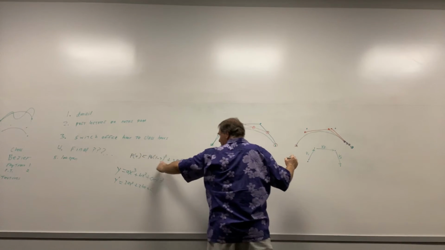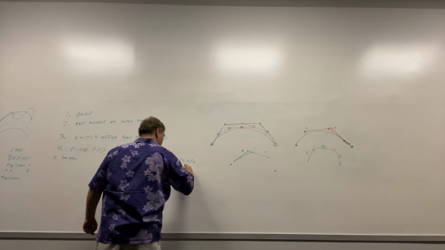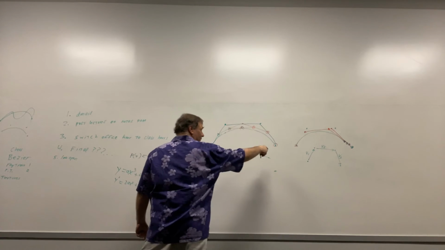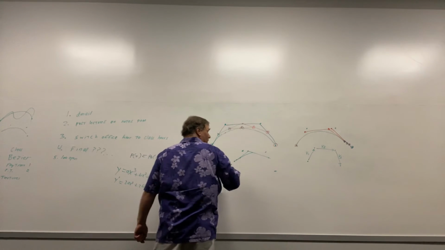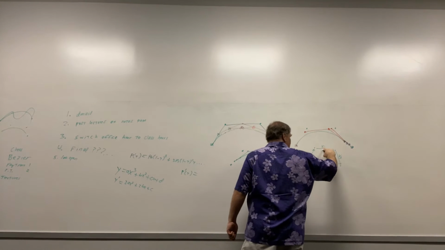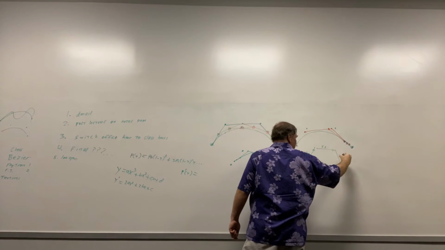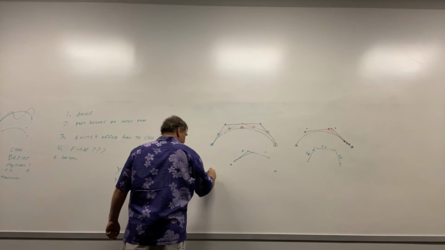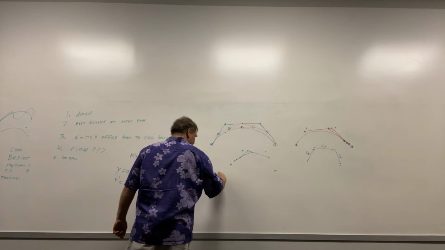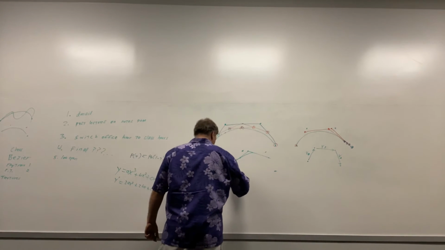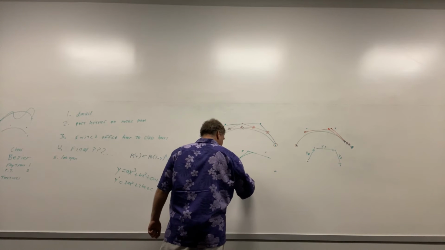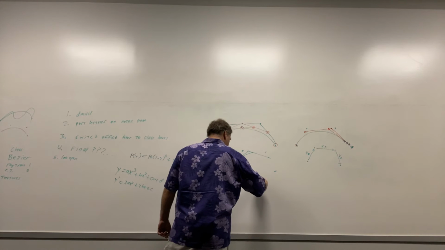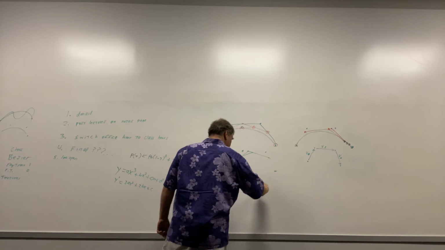you start with this one, and the derivative curve, p prime of t, is V0, V1 and V2. V0 times 1 minus t squared plus 2 V1, 1 minus t times t, plus V2 t squared.